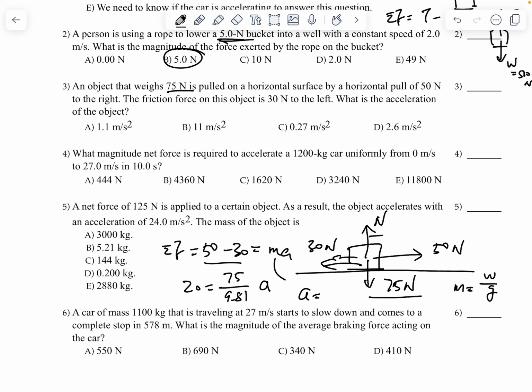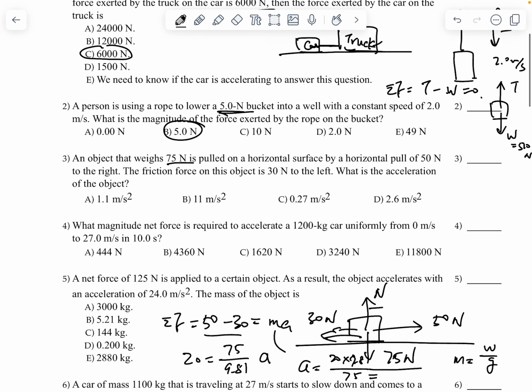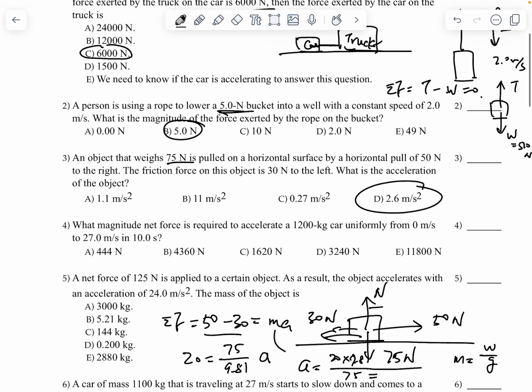So a equals 20 times 9.81 divided by 75. Okay, 2.6. You see, 2.6.